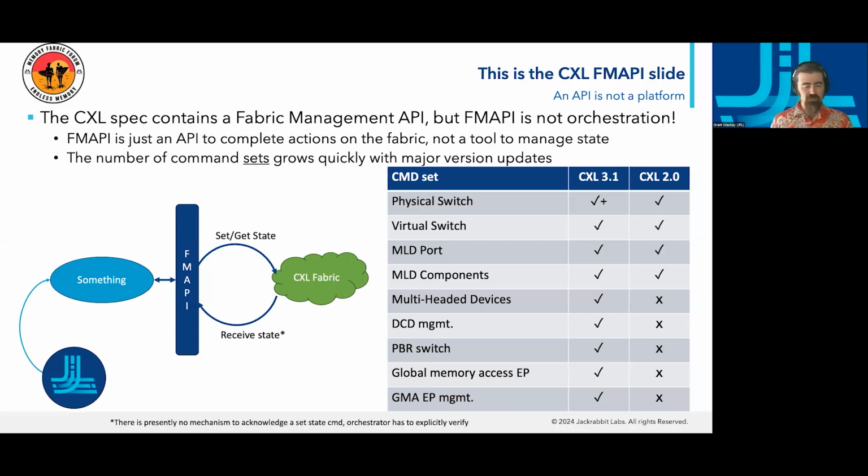And it's 9.5, because when they added port-based routing to the physical switch command set, it added more commands, right? So it's a large jump from 2 to 3.1. And to keep track of all that and update all of that in a framework that historically has not had to do these sorts of things is a big ask for end users.